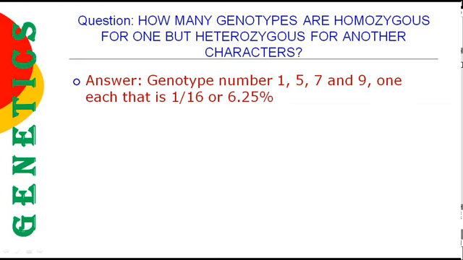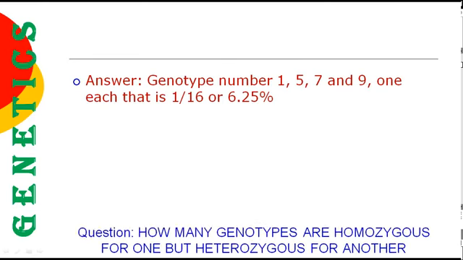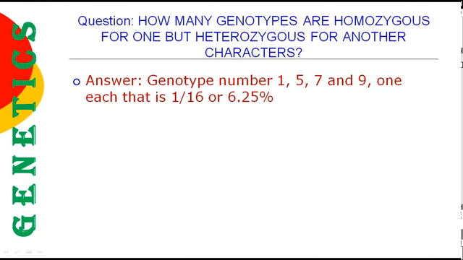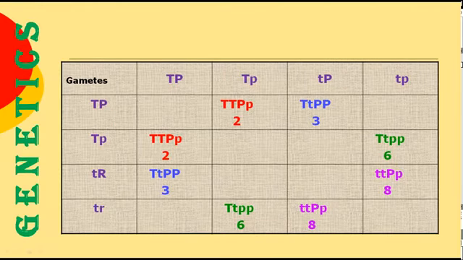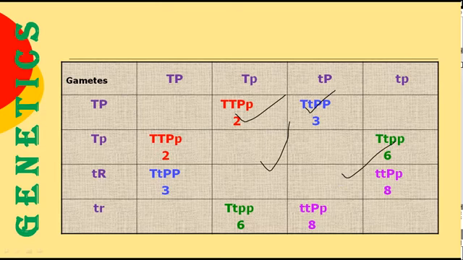Now the third question is, how many genotypes are homozygous for one but heterozygous for another character? These are genotype number 2, genotype number 3, genotype number 6 and genotype number 8.